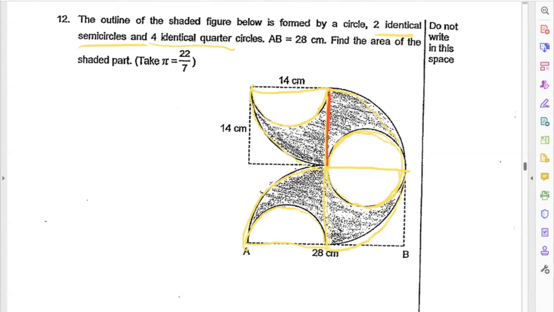This is also the radius. This is also the radius. This is important because it tells you everything here is 14. Very useful information. And this 14 and this 14. All right. Now you understand the picture and how the question works. Let's continue solving the question.